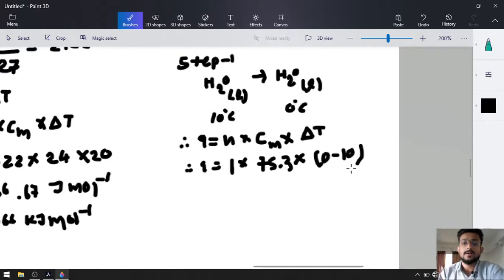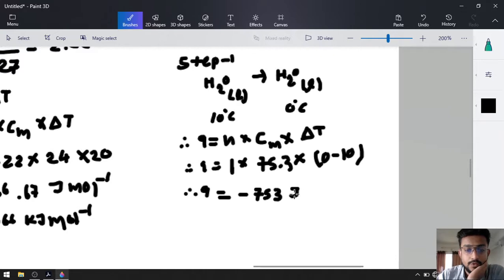So it will be minus 10. Okay, so answer will be equal to minus 753 joule mole inverse. That will be our delta H1.